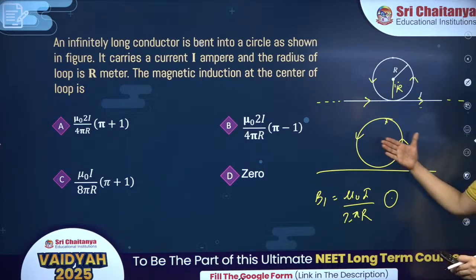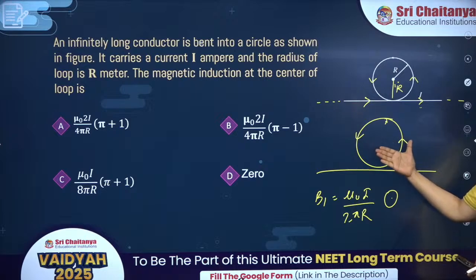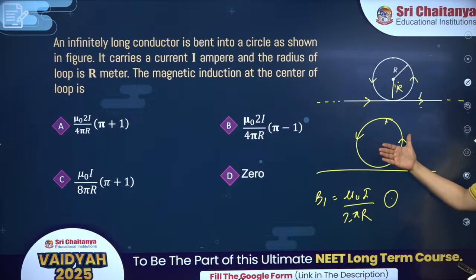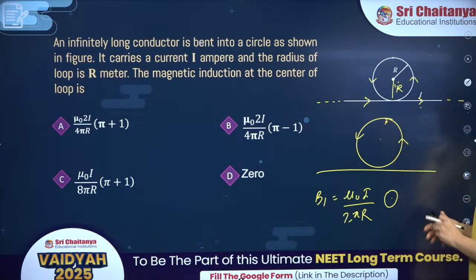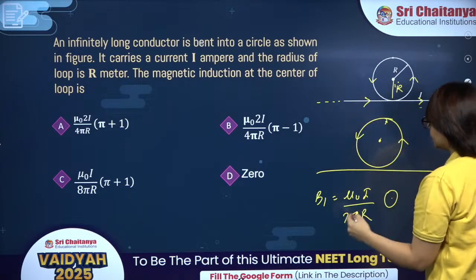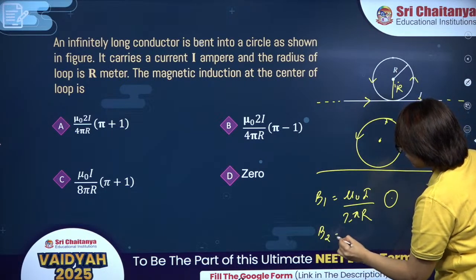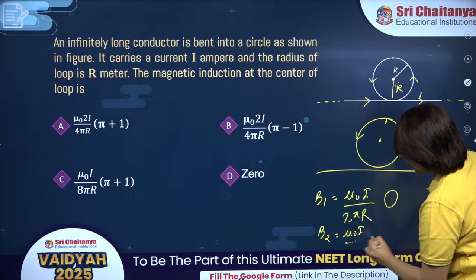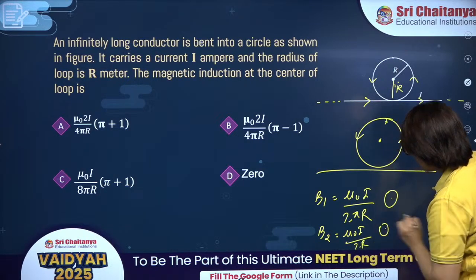For this circular wire, you have to again use the right hand rule. So align your thumb in the direction of current, stretch your fingers towards the center and curl. The direction of curl is out of the plane. So magnetic field at the center of this circular coil will be mu naught I divided by 2r, and it is still out of the plane.